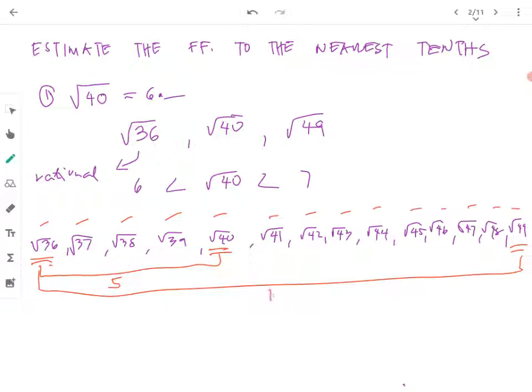So this is 14 parts. We express this as a fraction and convert it to a decimal. So we have 5 out of 14, where 14 is from 36 to 49. To convert that to a decimal, we divide 5 by 14.